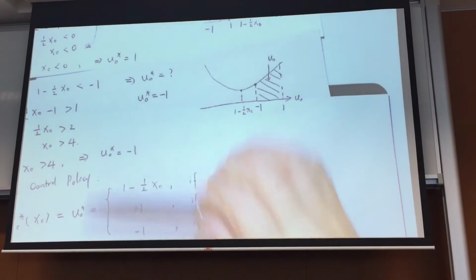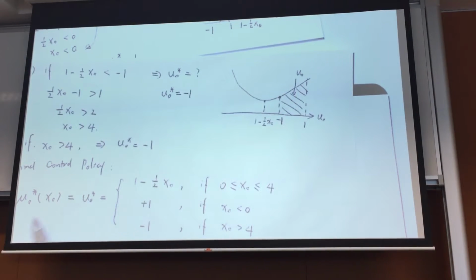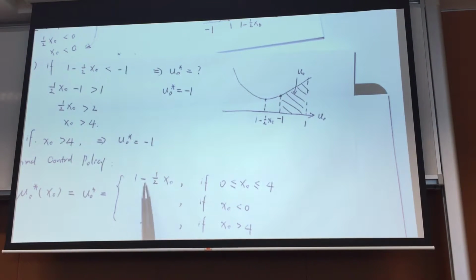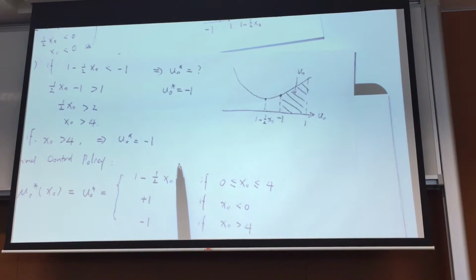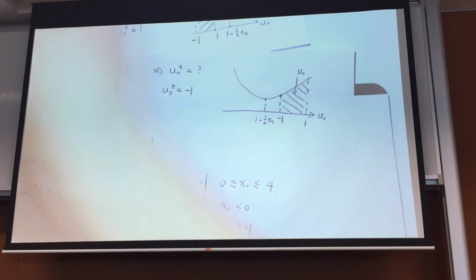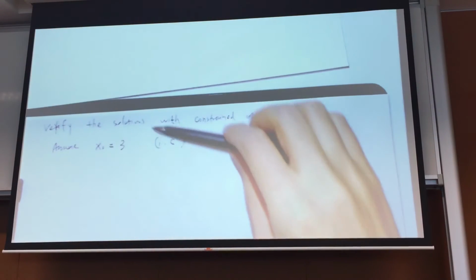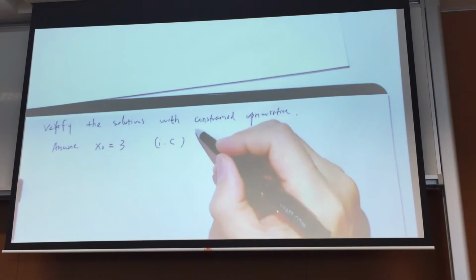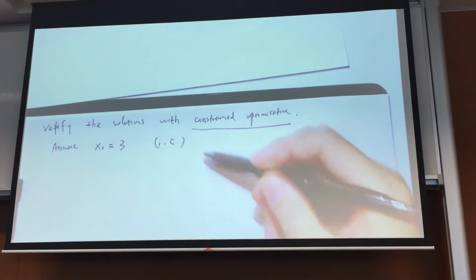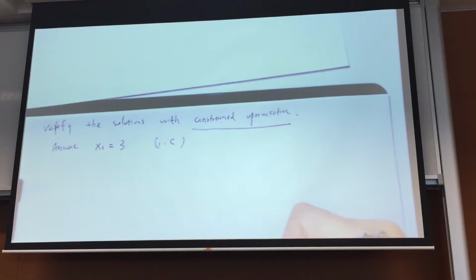So by using this method, the solution to this problem will be given by 1 minus a half multiplied by 3. So it supposedly will give you the solution of minus a half. Then we try to use our previous method to see whether we can get the same solution of minus a half.